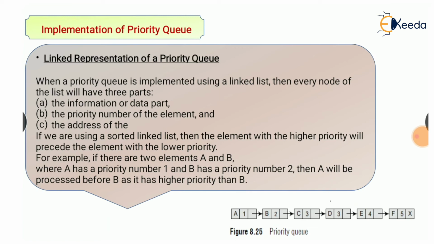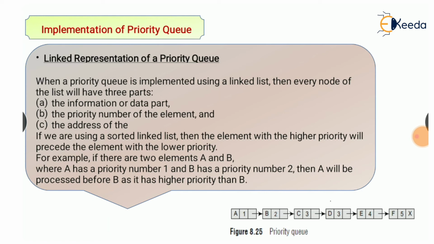Now for this, I will take this figure which clearly explains it. The node which contains A as the data or information part has priority number 1, which is the highest priority in this figure, as compared with the data part B, which has a lower priority than the first element.